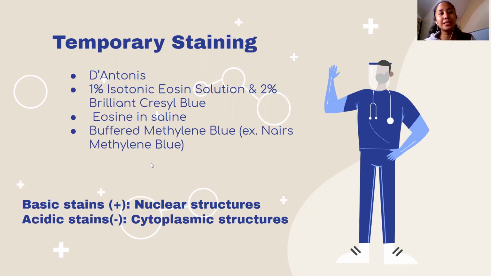So usually, acidic stains or the red ones stain your cytoplasmic structures. Usually, yung mga proteins, mga RNA. Pag DNA, usually blue. So, mga nucleus natin, blue. So, kunyari, buffered methylene blue, brilliant cresyl blue, usually, ang mga tinitingnan yung mga nuclear structures.